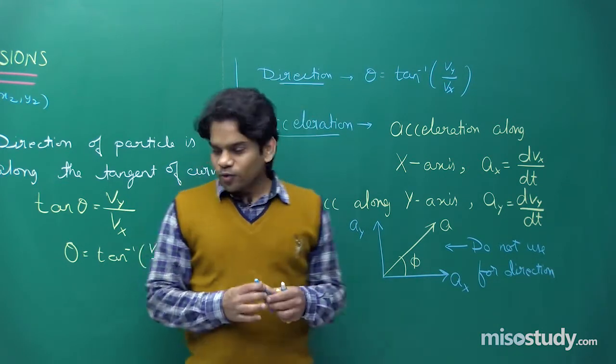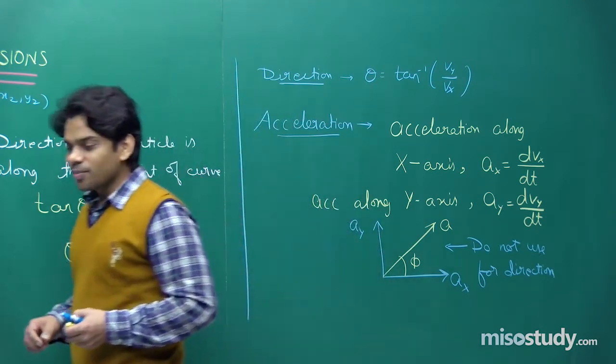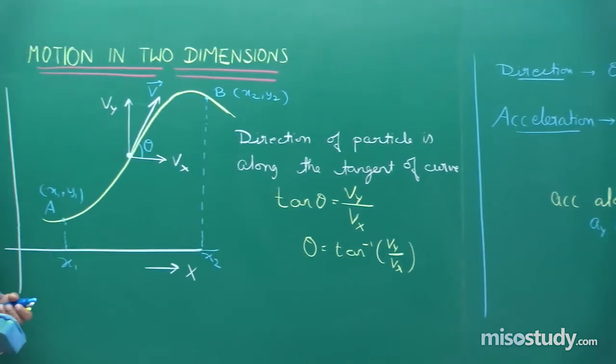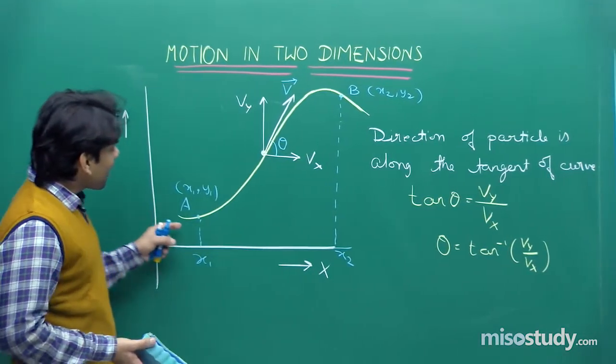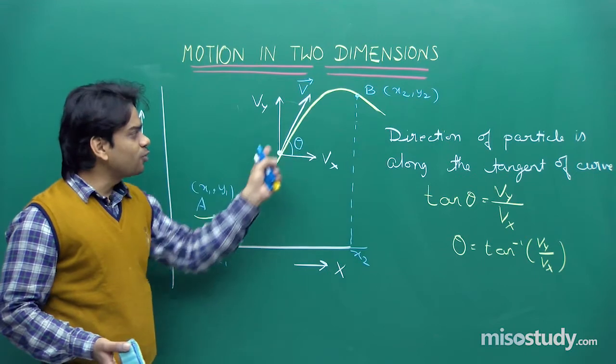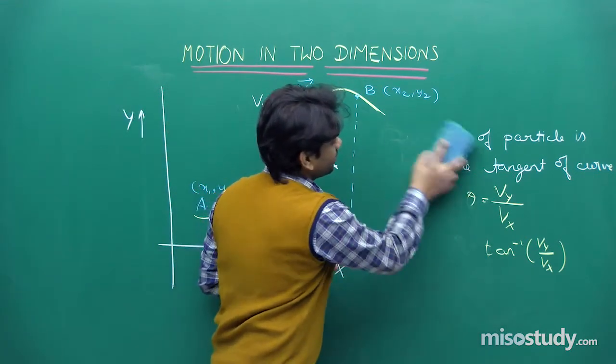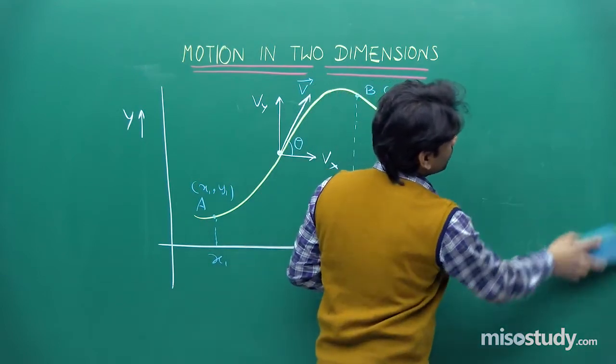This was all about velocity and acceleration. Let's come and understand about the trajectory of the particle. Now you see here, I was saying this is the path followed by the particle. If I use the term trajectory of the particle, what is trajectory?